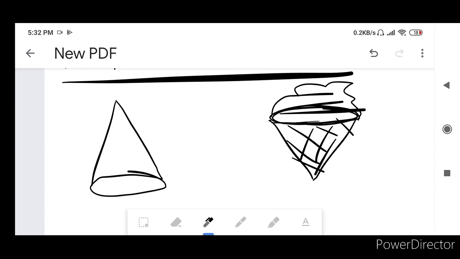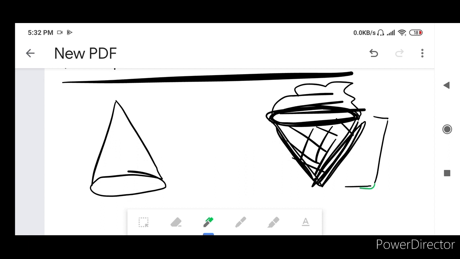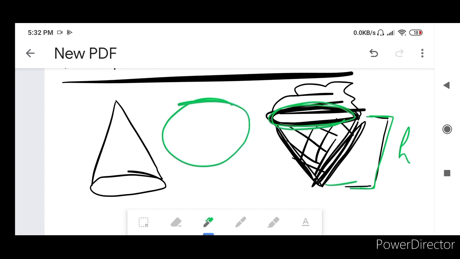So this portion is known as a cone. Clear? Now this cone would have some kind of height. Let us say the height, from here to here, is H. The cone that you are seeing here has a circular base, which means it would have a center.